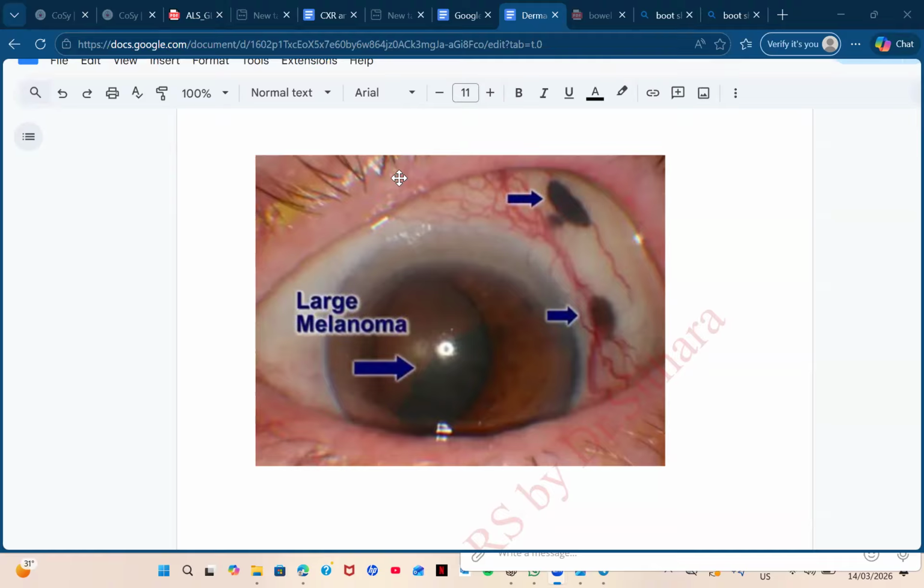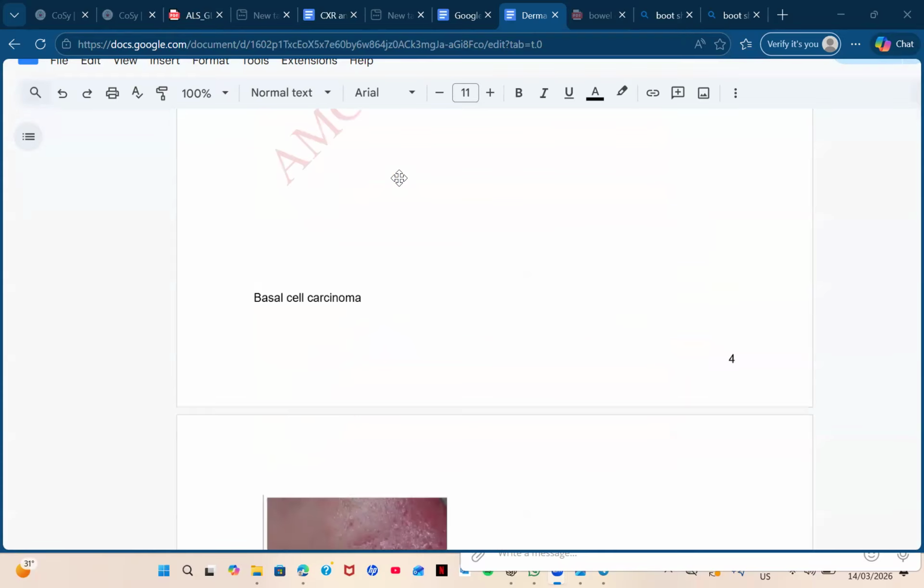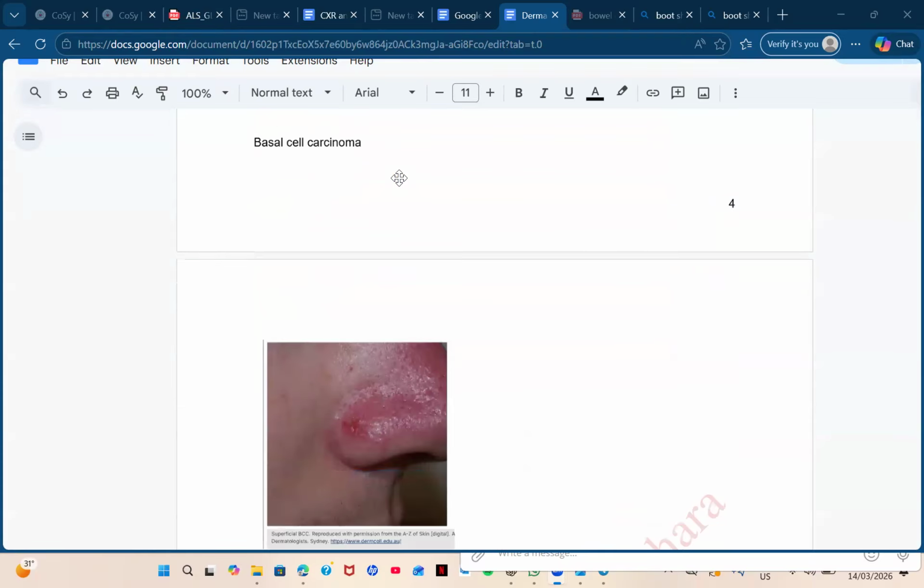It should be done by the specialist doctor. Please remember. Now, basal cell carcinoma, you should know this too. Yes, the eyelid as well. Like most of the cases related to the eye, we have to refer.